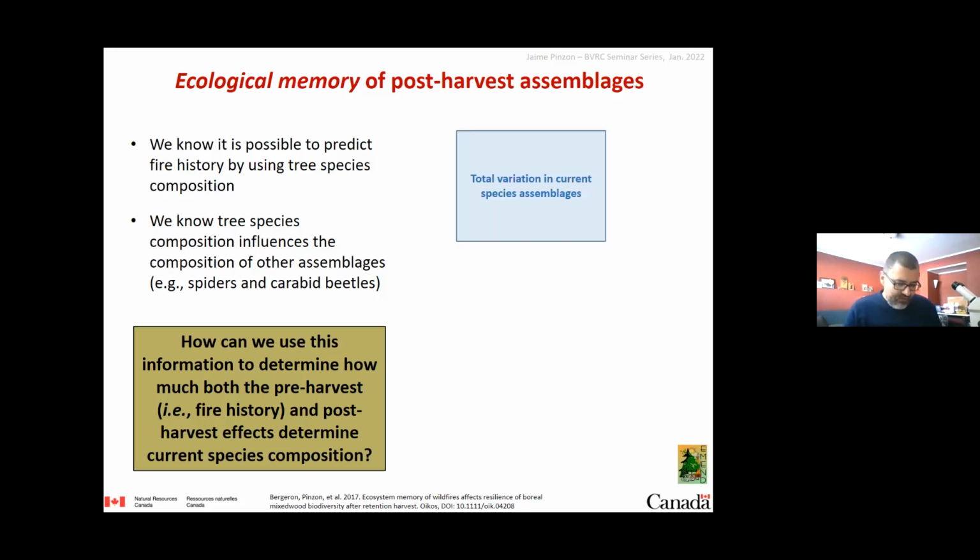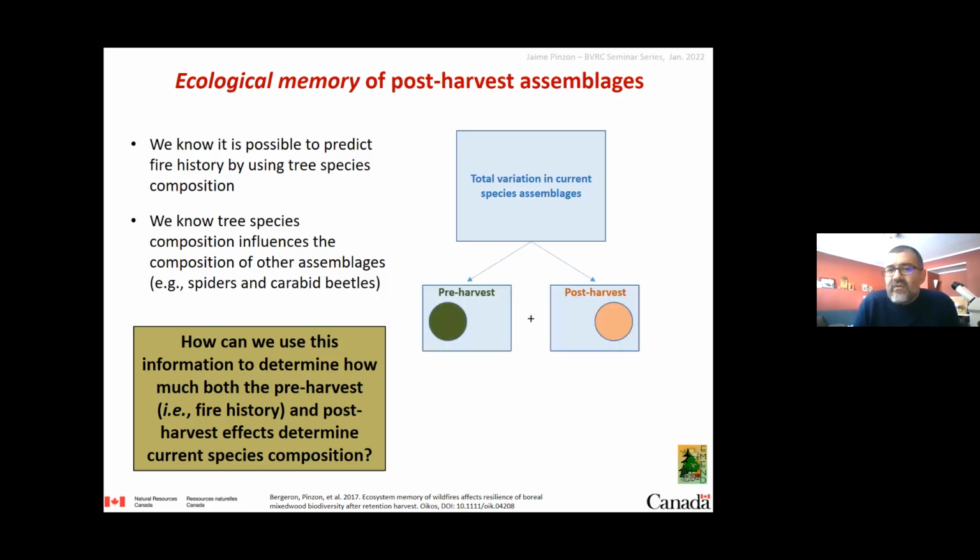Just to conceptualize this, let's imagine that the current species assemblage is depicted by this blue rectangle. That's the total variation in composition. Part of that variation is a function of the past, the pre-harvest conditions, and the more recent past, the post-harvest conditions.